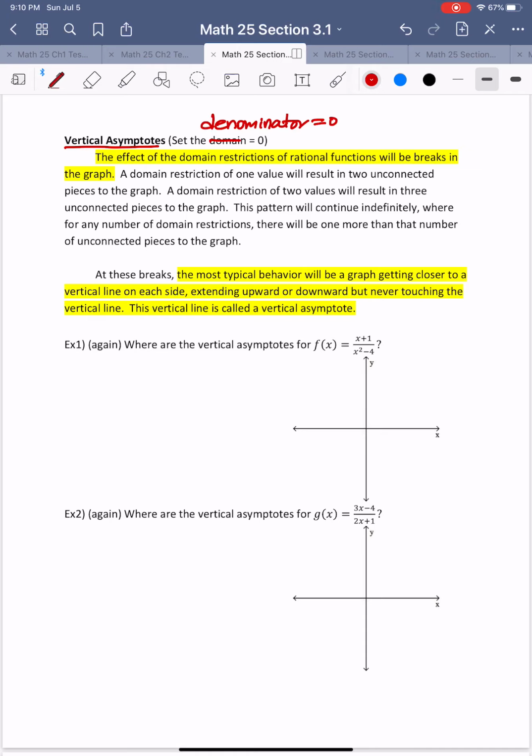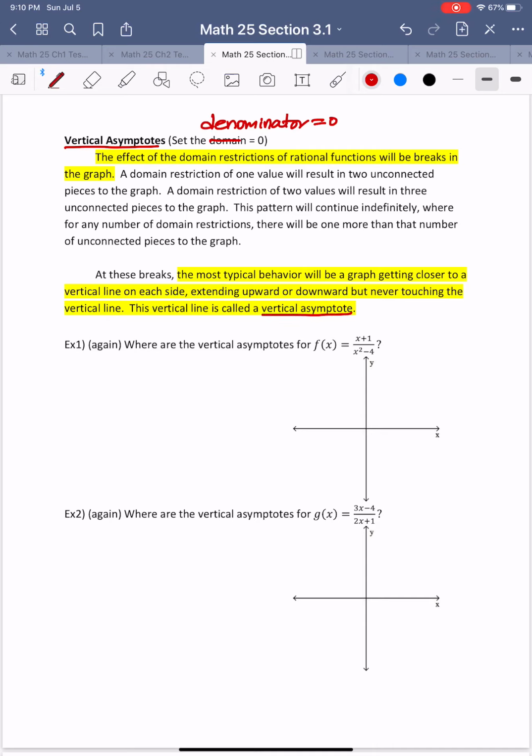This pattern will continue indefinitely, where for any number of domain restrictions, there will be one more than that number of unconnected pieces to the graph. So at these breaks, the most typical behavior will be a graph getting closer to a vertical line on each side, extending upward or downward, but never touching the vertical line. The vertical line is called the vertical asymptote.